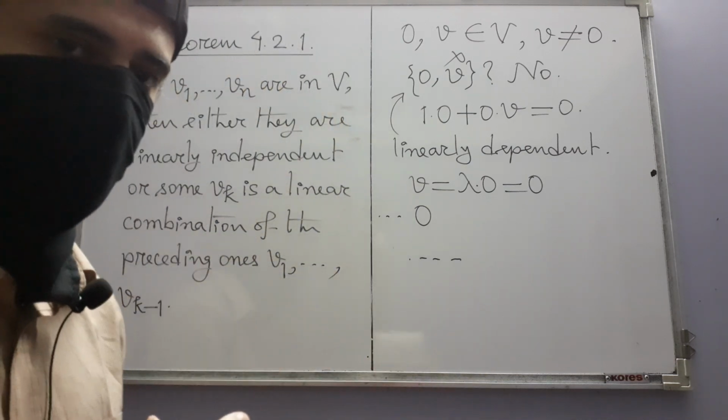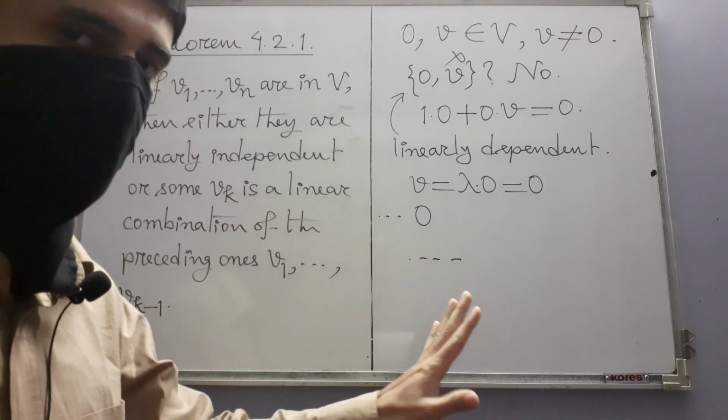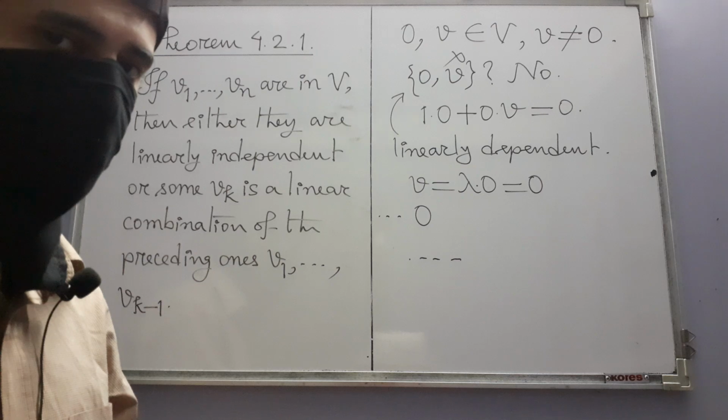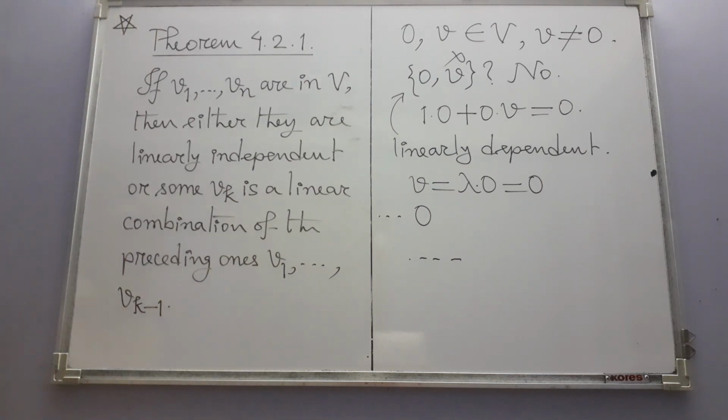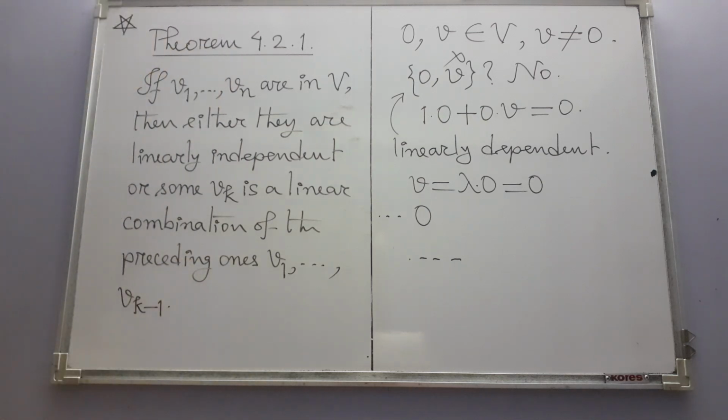Say this interpretation is adopted to save this theorem in this case, because we want the theorem to be true, right? But then the theorem itself loses value. Why? What is the theorem saying?